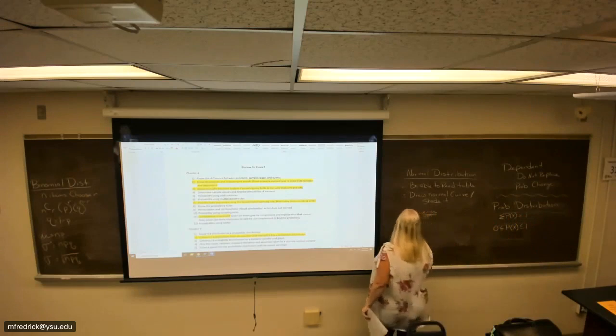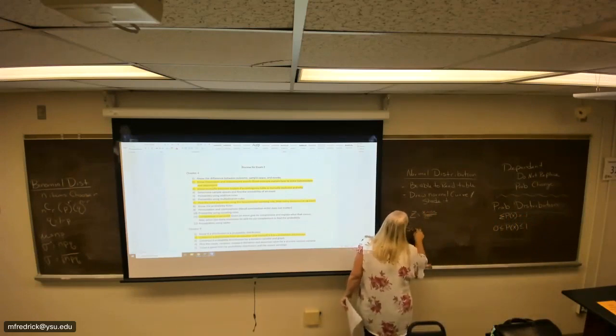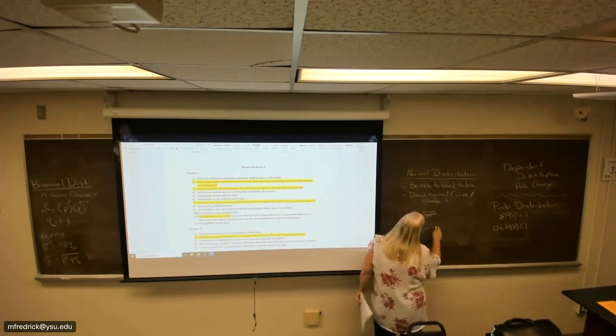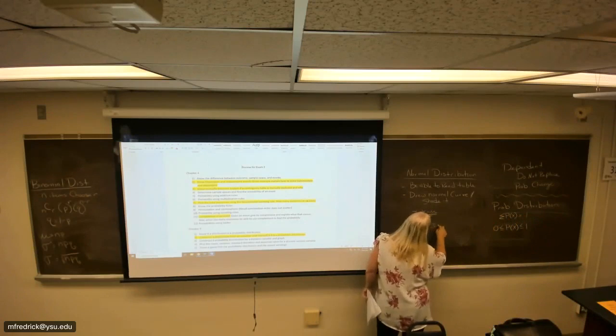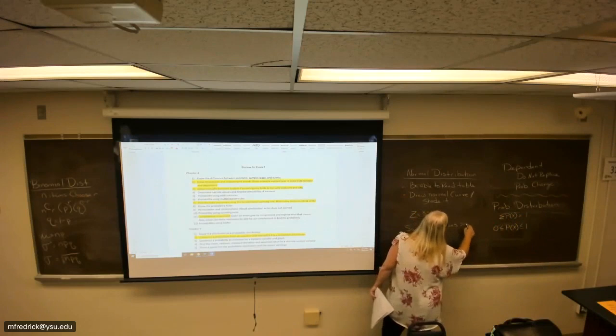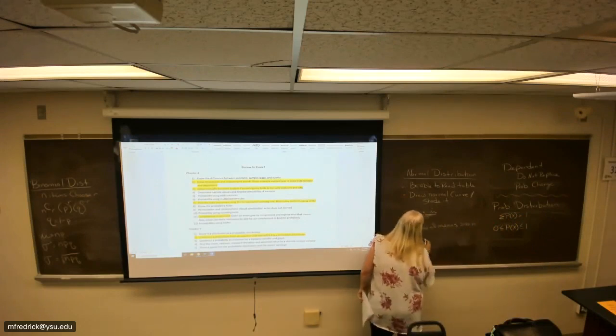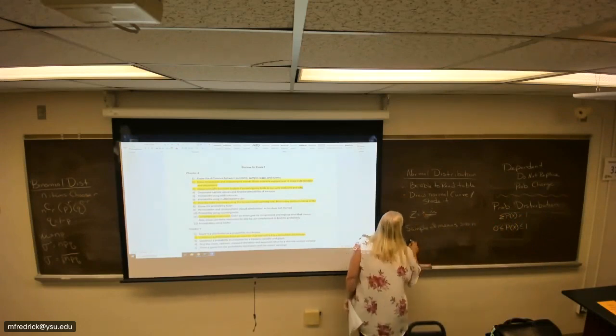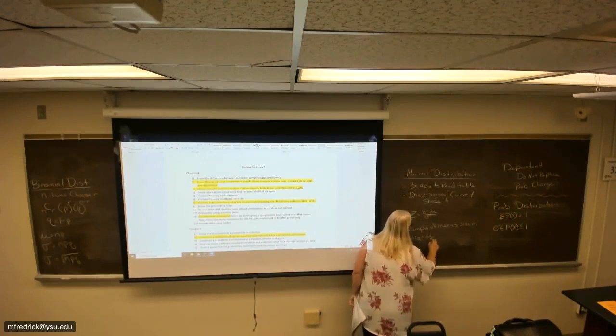And then if you have a sample, the mean is the same as the mean in the problem.